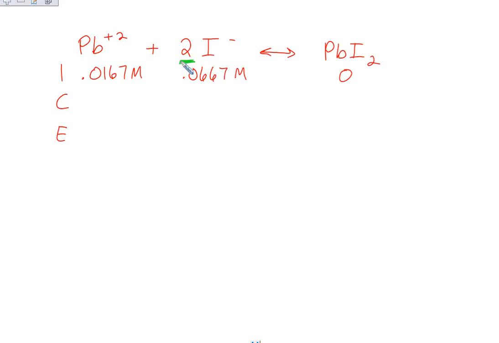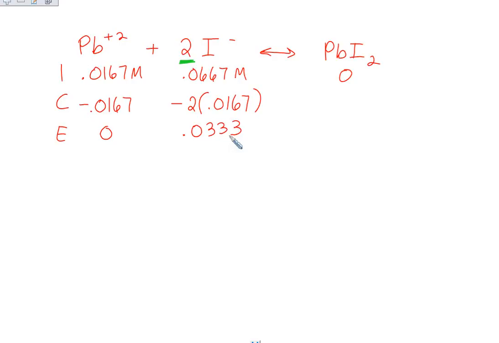So I think my limiting reactant is still going to be this lead. If I bring this down by 0.0167, that'll go to 0. This guy is going to go down by 2 times that amount. Super common mistake. But I think if I do that, it's still in excess. Yep. 0.0333. Does that kind of make sense?